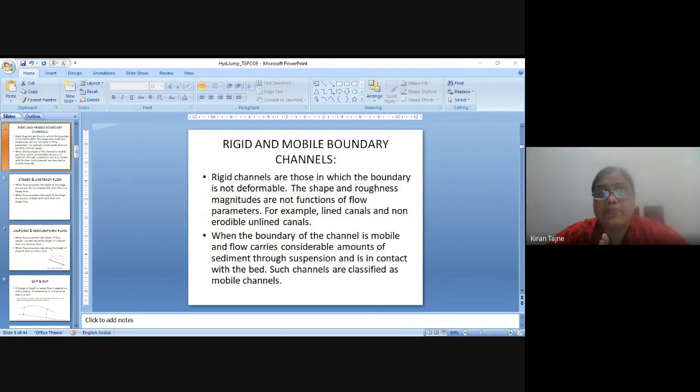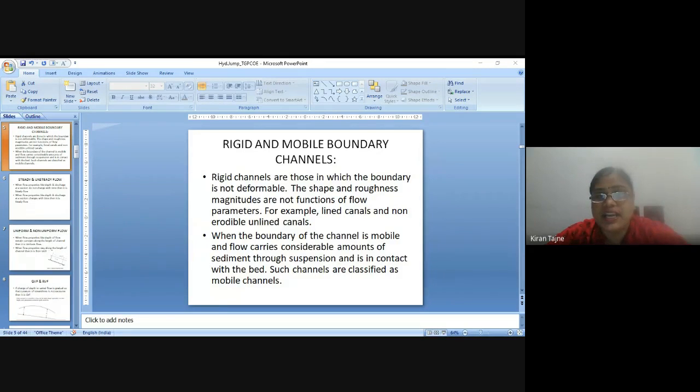For example, lined canals. Lined canals means one concrete layer or masonry layer is provided on the original earthwork. So that lining is provided, therefore it is called lined canals. These are called rigid channels. Shape and roughness magnitudes are not functions of flow parameters.